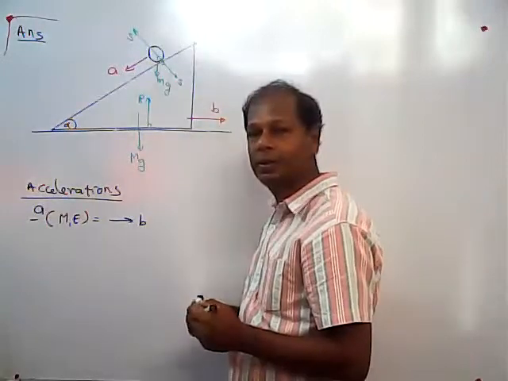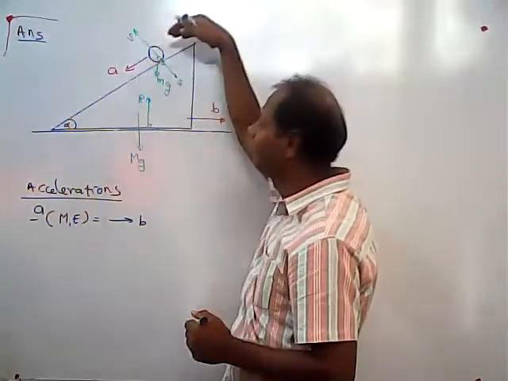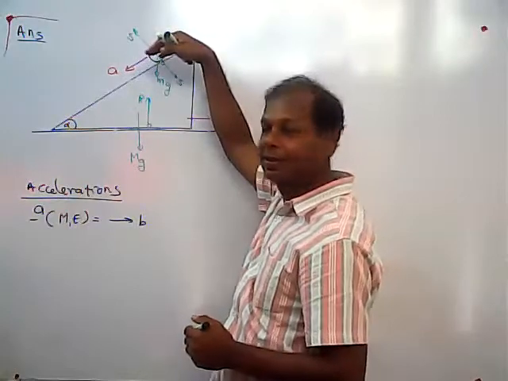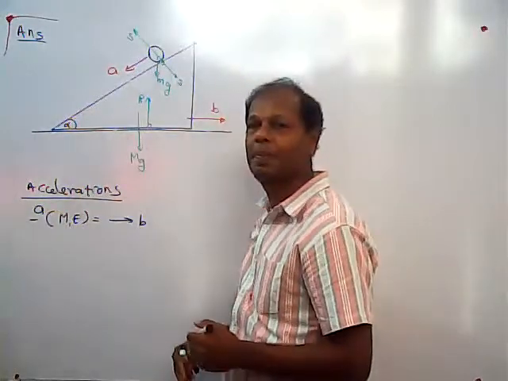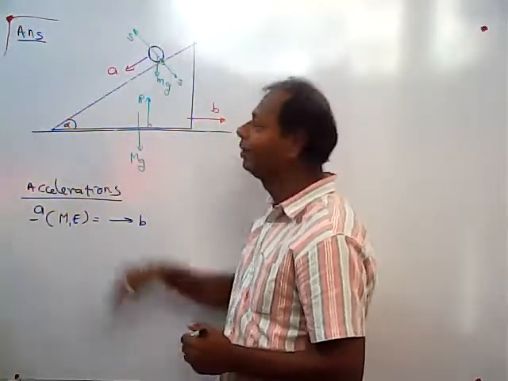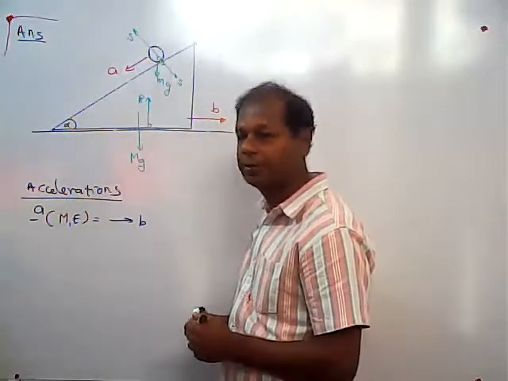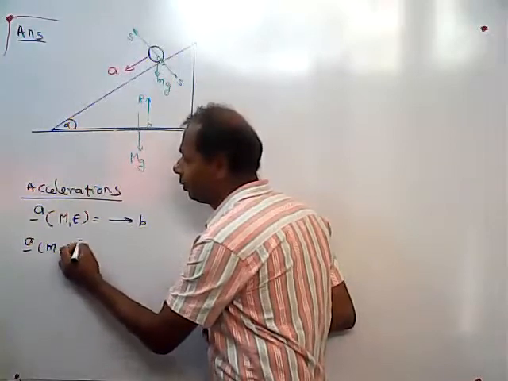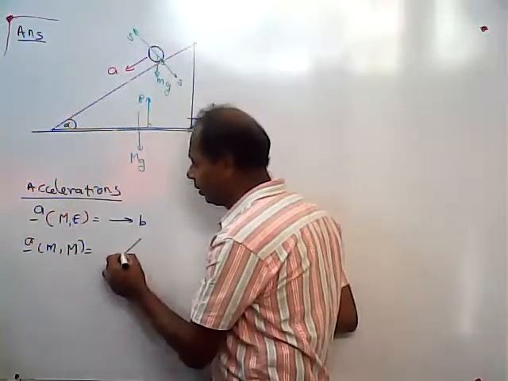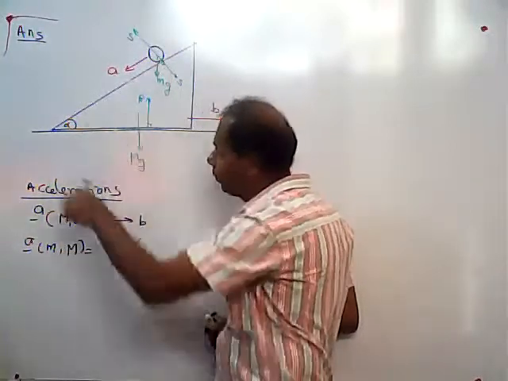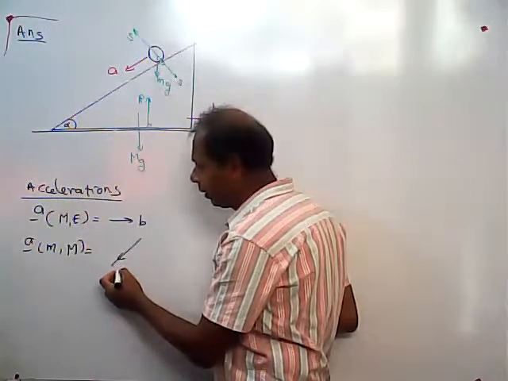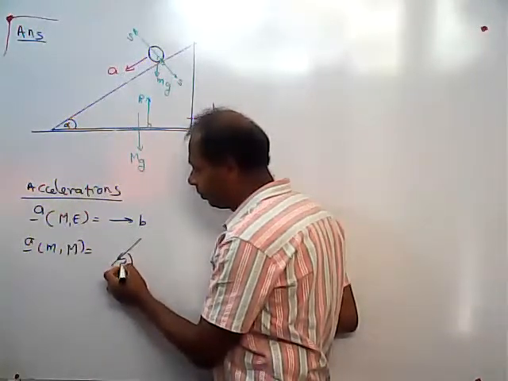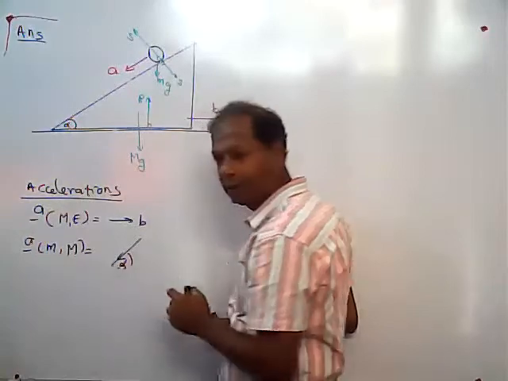This is the acceleration of the particle relative to the wedge, which is climbing down, right, down the plane. Acceleration of small m relative to capital M is down the face of the wedge at an angle alpha.